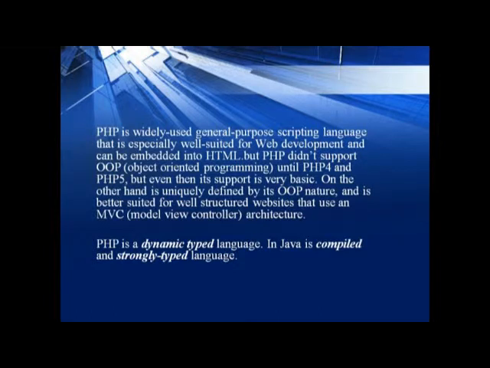Let's take a look at the differences between PHP and Java. PHP is a widely used general-purpose scripting language that is especially well-suited for web development and can be embedded into HTML.